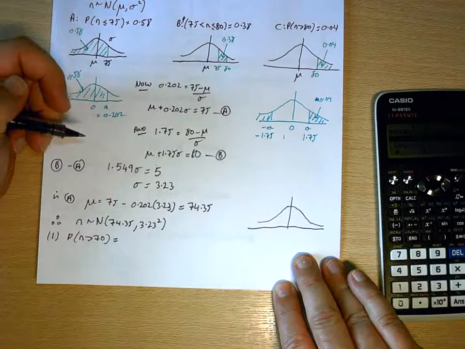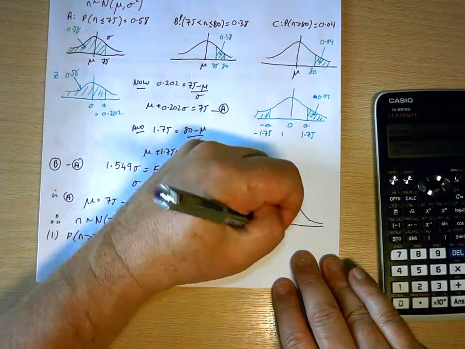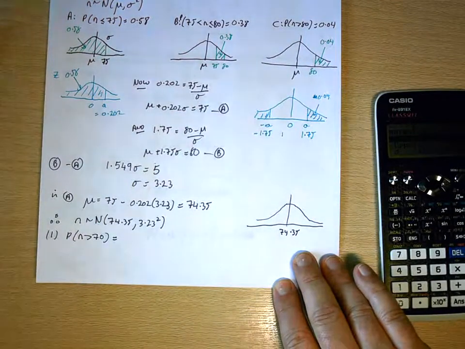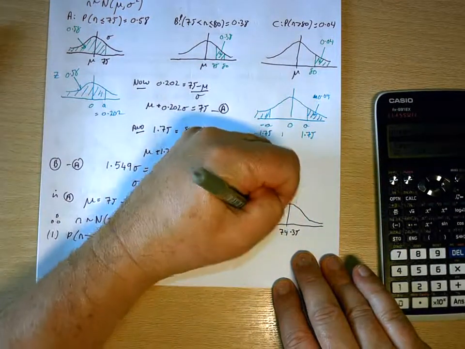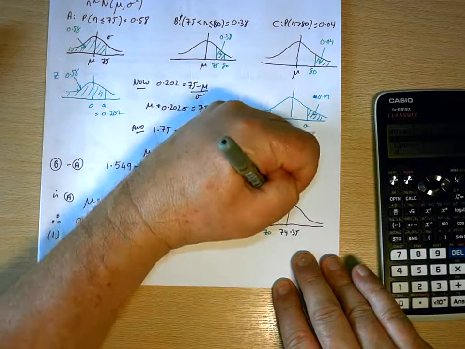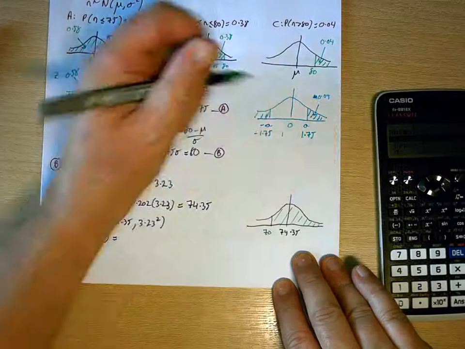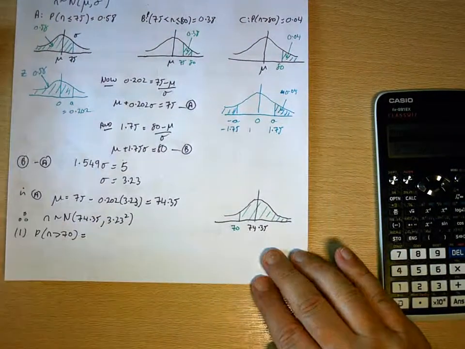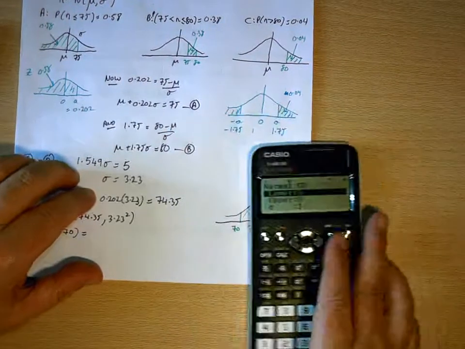So if we do a little sketch over here of what we're working with, we now know that the mean is 74.35. So the probability of a skull being measured greater than 70 is this. So that's my lower boundary, and then 1 times 10 to the 99 is going to be my upper boundary.